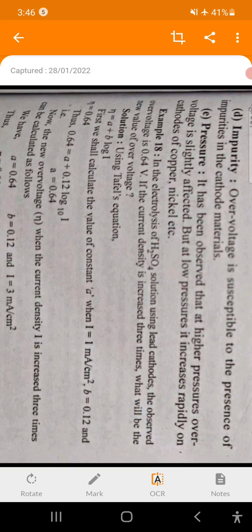And the last factor is pressure. It has been observed that at higher pressures, overvoltage is slightly affected, but at low pressure it increases rapidly on cathodes of copper, nickel, etc. That is, at low pressure, overvoltage increases.